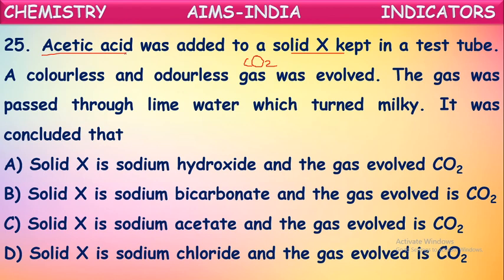In the given options, we observe the second one: solid X is sodium bicarbonate and the gas evolved is carbon dioxide. Sodium bicarbonate on reaction with acetic acid produces salt, water and carbon dioxide gas. The salt formed will be sodium acetate, and water is formed. Along with these two, carbon dioxide gas is evolved. So it is sodium bicarbonate.